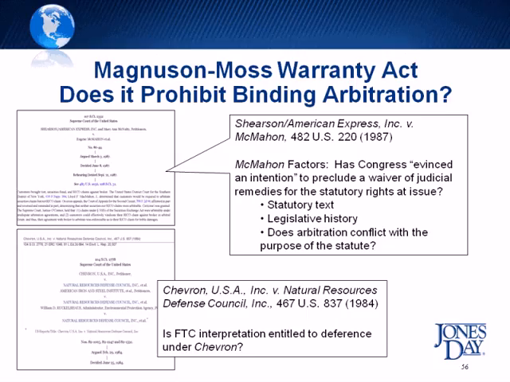So the question is, has Congress spoken? The Fifth Circuit found that Congress has directly spoken, that it has not precluded arbitration. The 11th Circuit found slightly differently, but on Chevron deference, they both came out to the same place, which is that the FTC's interpretation is not reasonable and not entitled to deference.